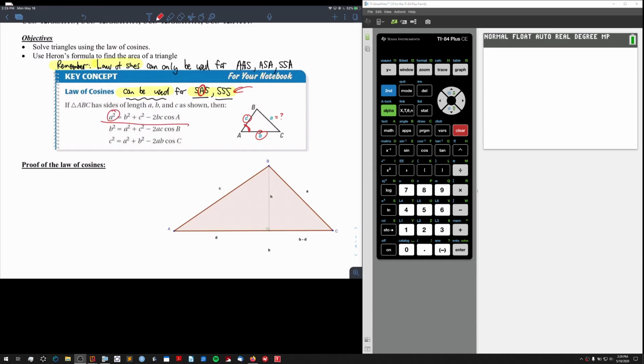If I'm looking for side A, I'll use this formula. If I'm looking for side B, then I'll use this formula. If I'm looking for side C, then I'll use this formula. Okay, so you need to decide which formula you're going to use based on what you're trying to find. All right?